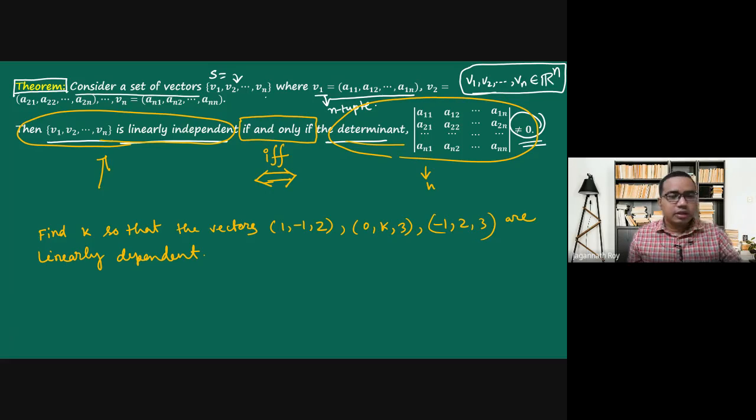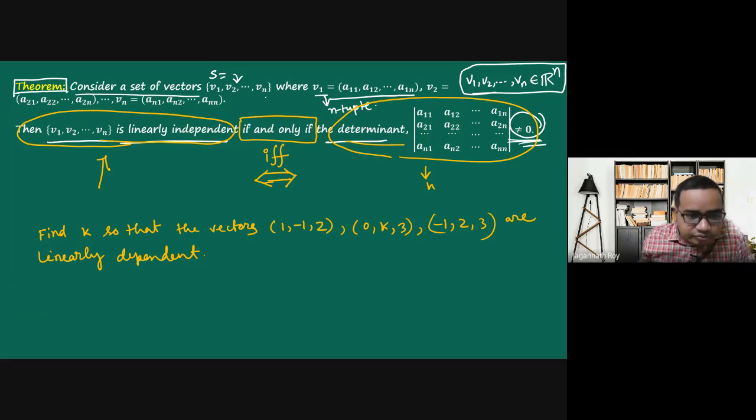So what will we do? Our task is to calculate the determinant and make it 0. Because if they are independent, then it will be non-zero. If they are dependent, then it will be 0.